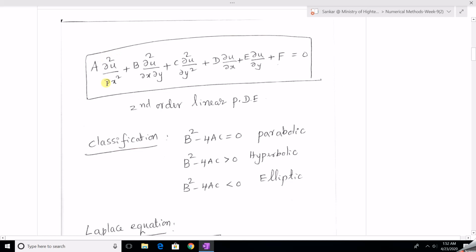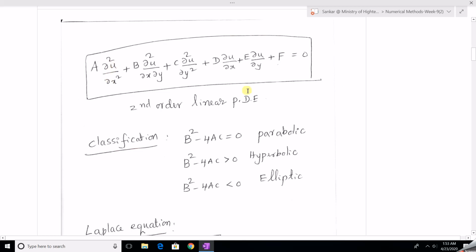Here the highest order derivative is dou square u over dou x square. So this is second order and the power of the second order derivative is 1. Therefore this is a linear second order partial differential equation.